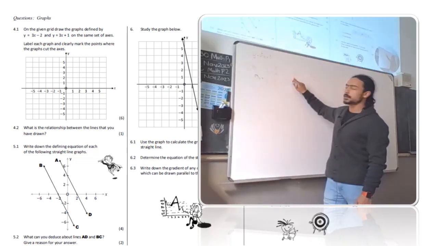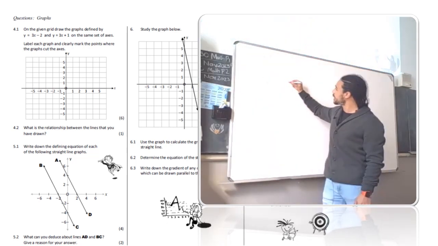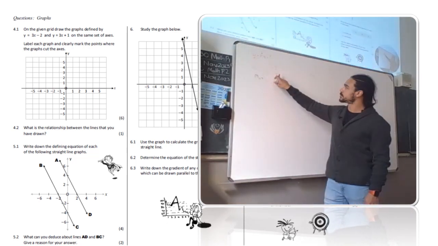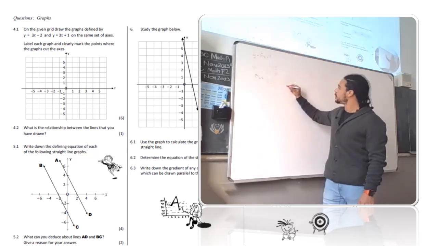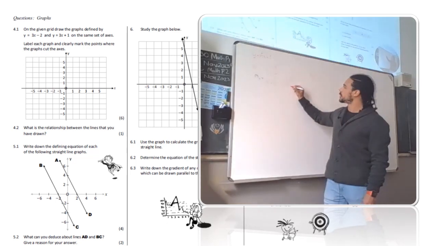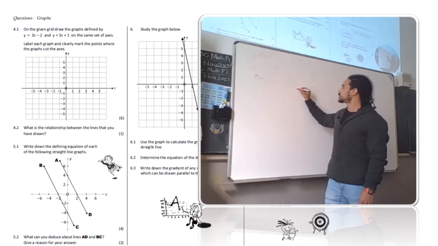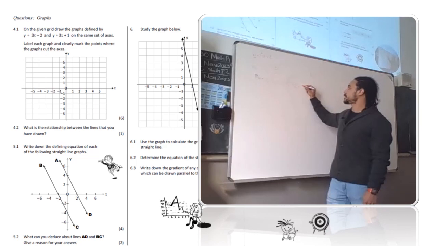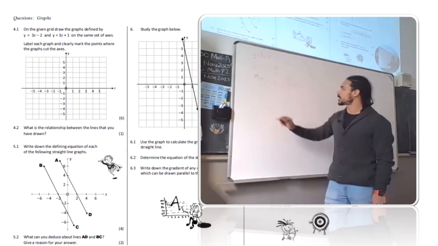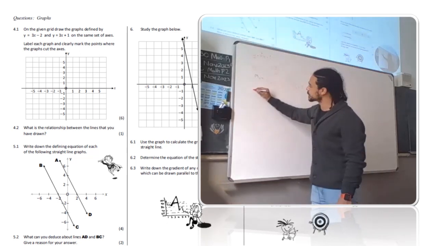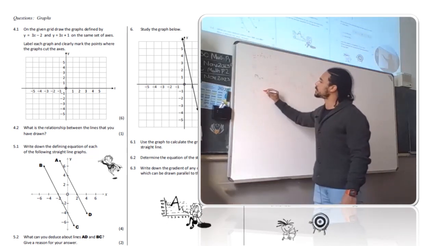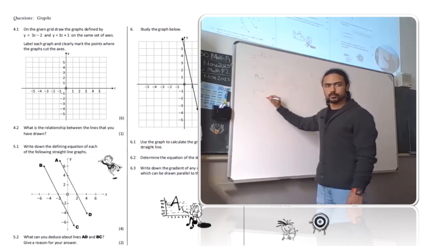And the second y? So I'm going to say 4 minus 0 over 0 minus 2. I simplify, that is equals to 4 over negative 2, and that simplified is equals to negative 2. So what is my gradient of this line? Negative 2.